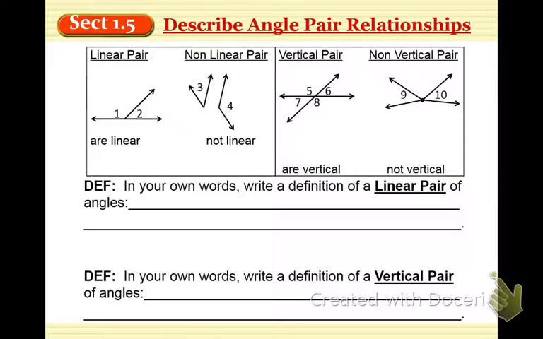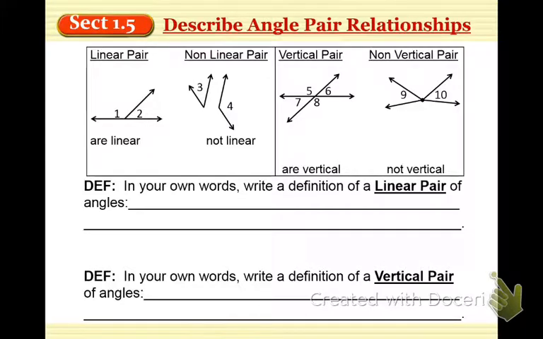They're adjacent. What else can we say? What's the difference between a pair of adjacent angles and a linear pair of angles? What distinguishes a linear pair from just adjacent?